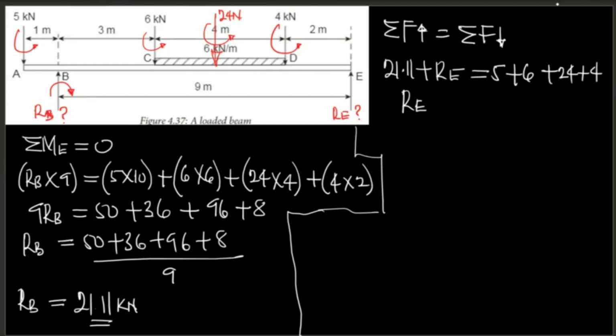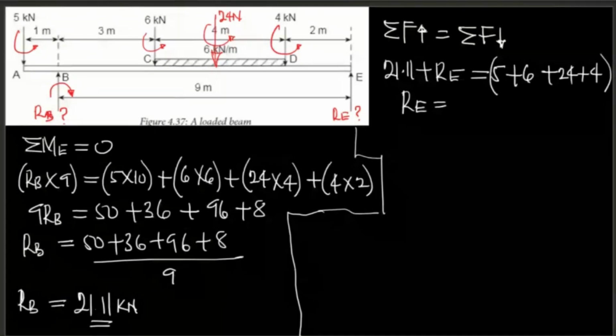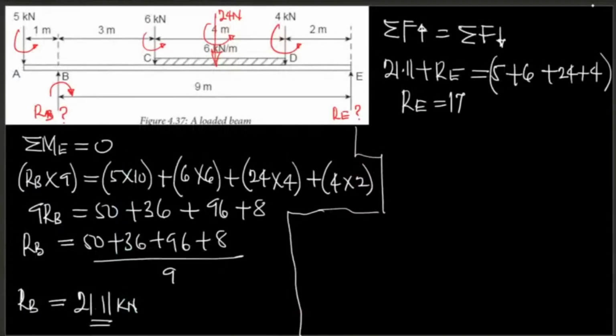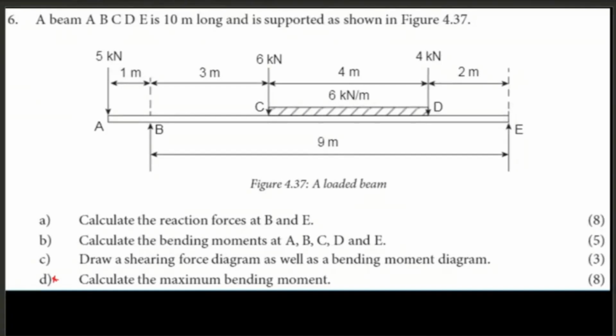Can someone give me the value of the reaction at E? You just add all these values together and then subtract 21.11. 17.89, that's correct. If you add all the upward forces and the downward forces together, it will balance. Okay, so that is that.